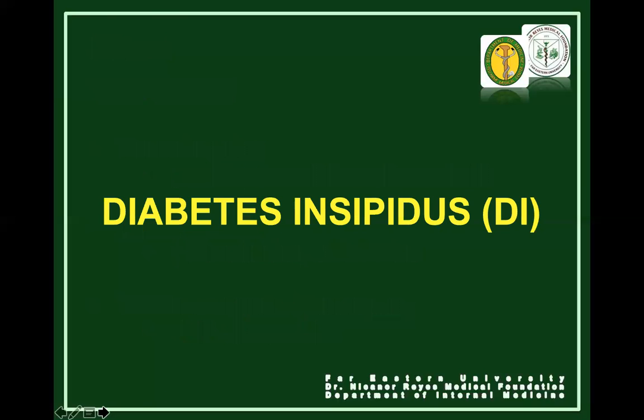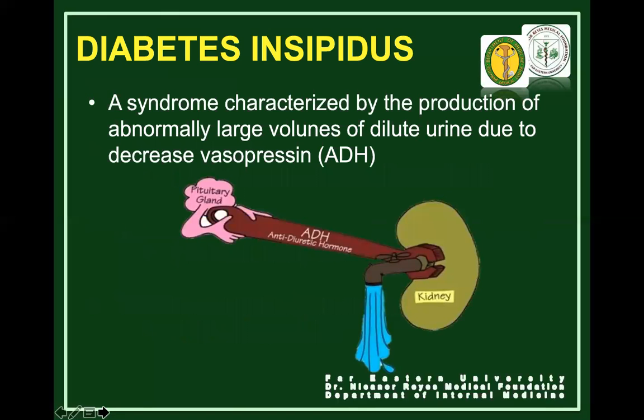Okay, on the flip side, we go now to diabetes insipidus, or DI. Diabetes insipidus is a syndrome characterized by the production of abnormally large volumes of dilute urine due to a decrease in vasopressin, or ADH.